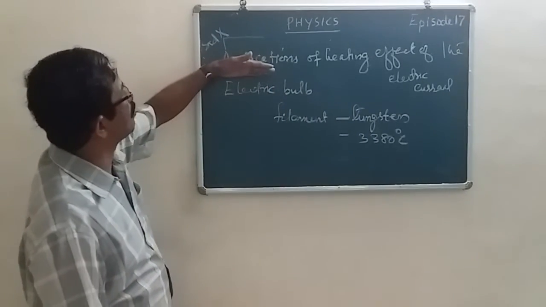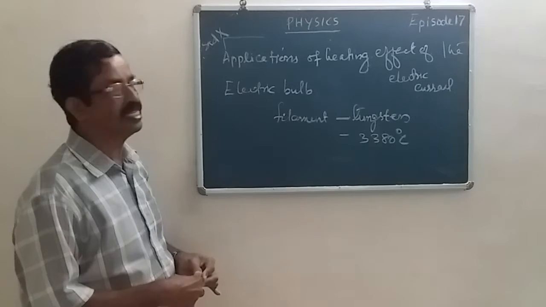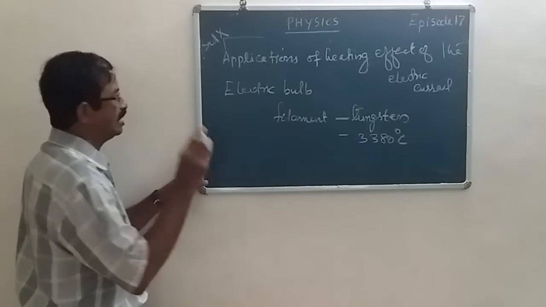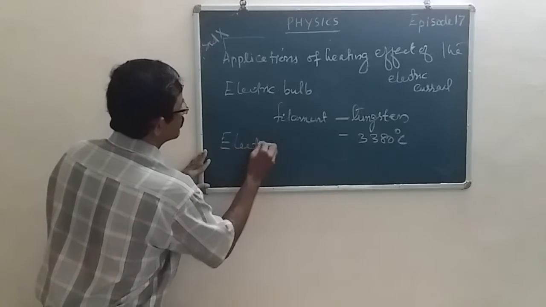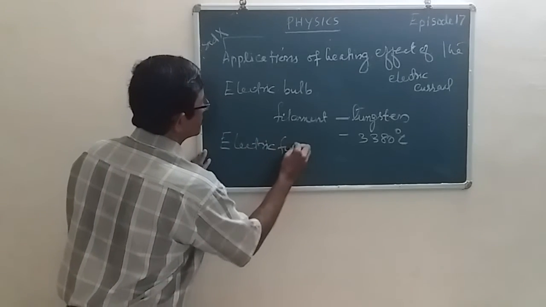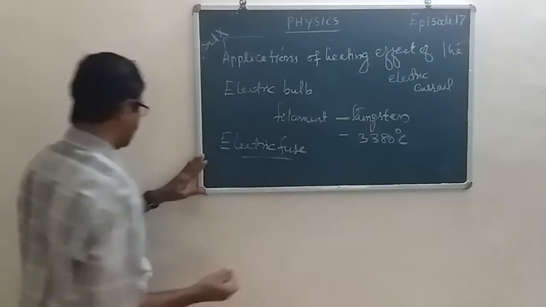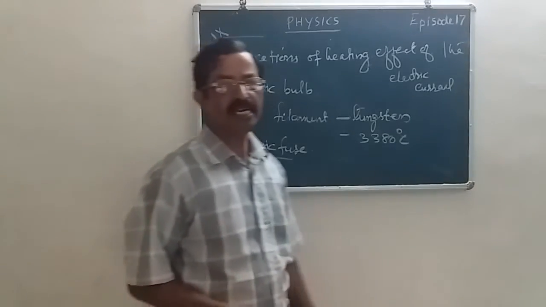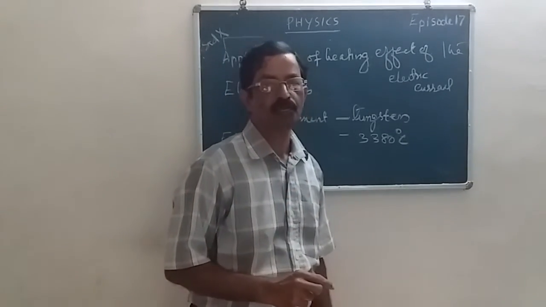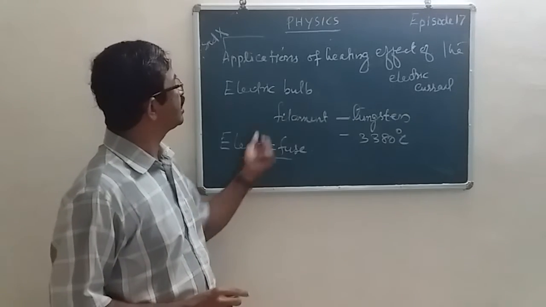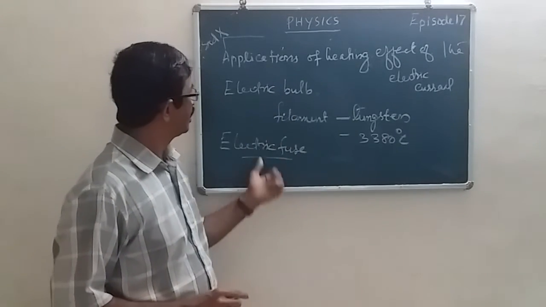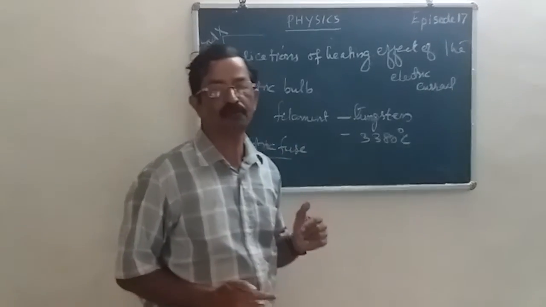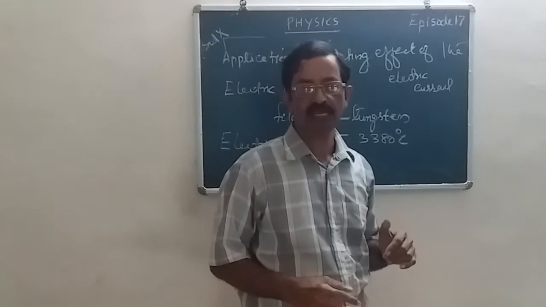So in the electric bulb we use the heating effect. Then another device, the electric fuse. In the electric fuse also we make use of the heating effect. What is the purpose of using a fuse in an electric circuit?